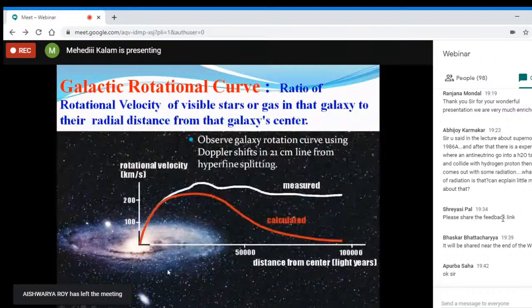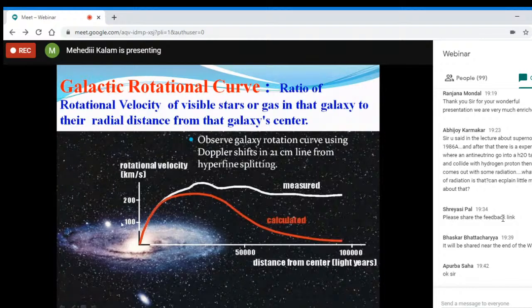Now, how does the concept of dark matter come about? We know that galaxies have some rotation. Whenever a particle is rotating around some center in a circular orbit, it needs some rotational velocity.